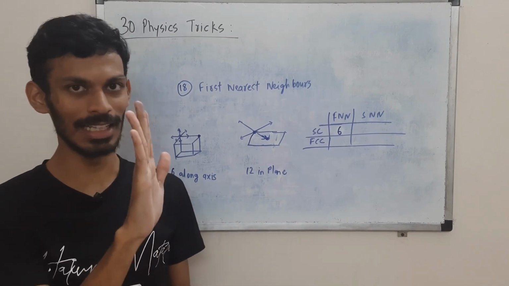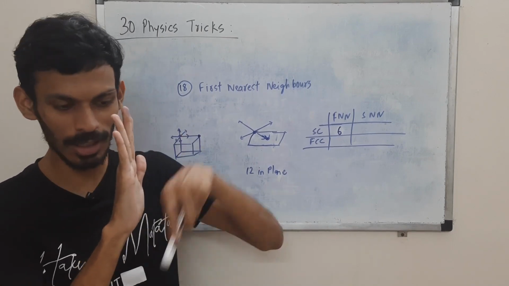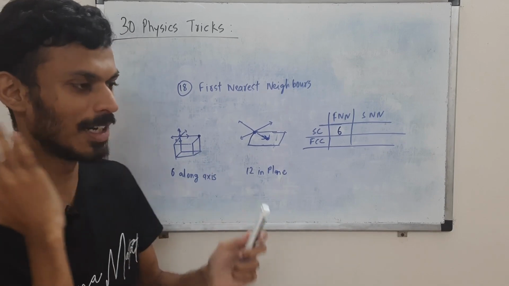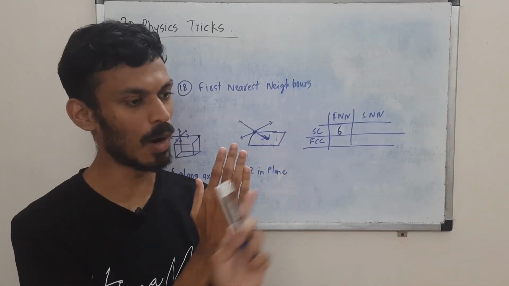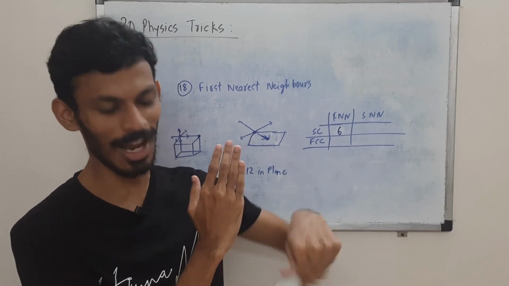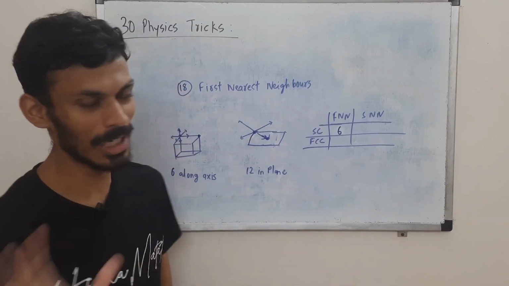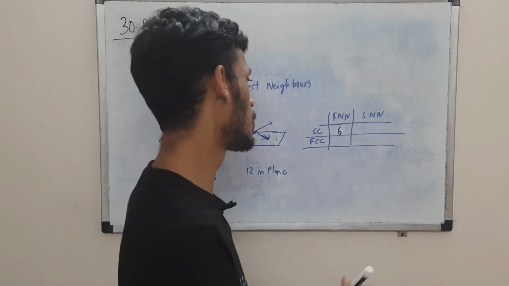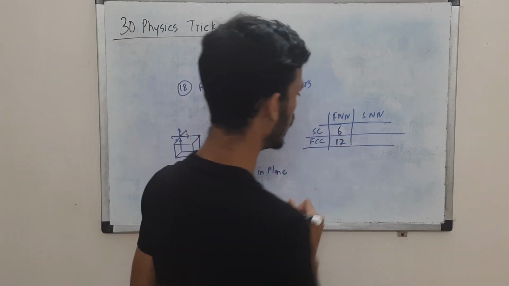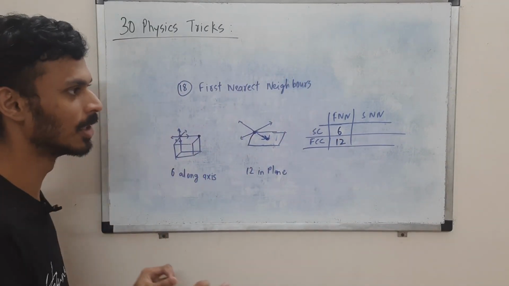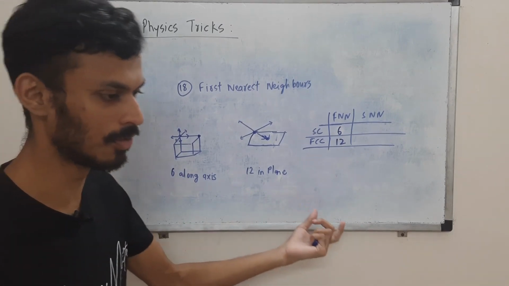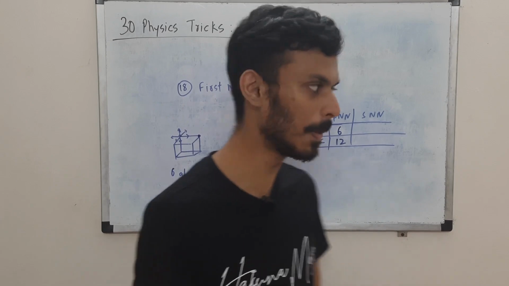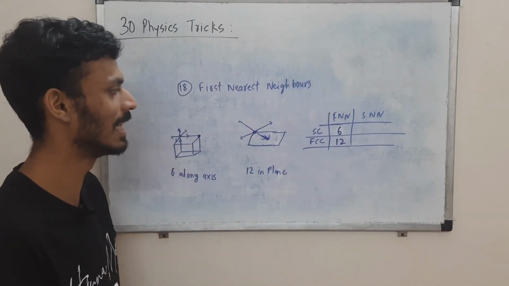Then you'll have a plane like this, so 1, 2, 3, 4, it's hard to imagine, but you can give it a shot. And one more plane like this, so 1, 2, 3 and 4. So 4 in each plane, there will be 3 planes. So the first nearest neighbors in a plane is 12. So basically the trick is, if you find the first nearest neighbor along the axis, it's 6. If you find it along the plane, it is 12. It works for FCC and SC.